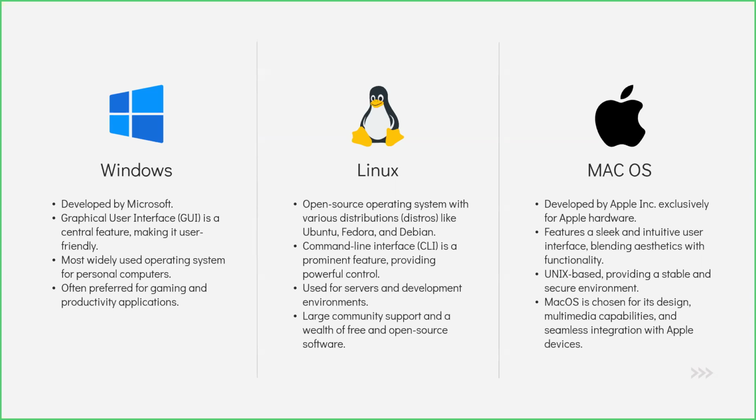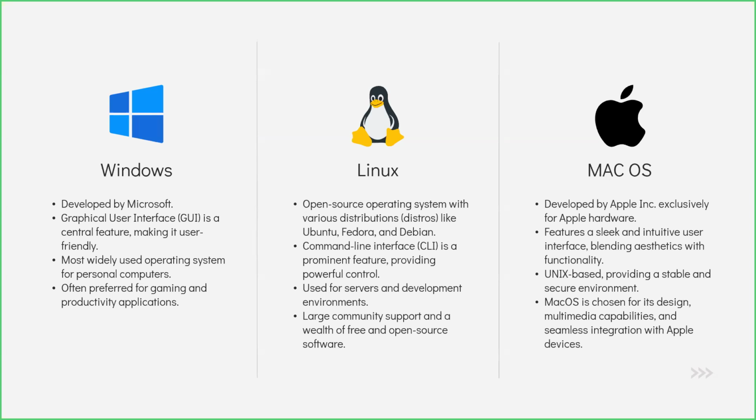Okay. And finally, there's the third category, macOS, available exclusively for Apple hardware. So your MacBooks or iPads or whatever run on the macOS operating system. Again, one prominent feature of macOS is its design, its aesthetics and UI, blending good functionality with very good looks as well. It is a Unix-based operating system. Unix is basically where Linux came from at the source code.